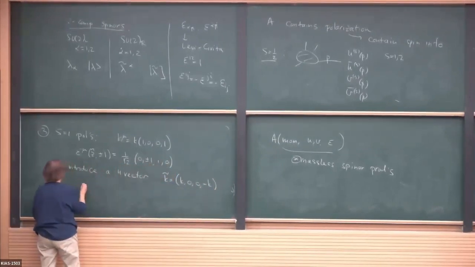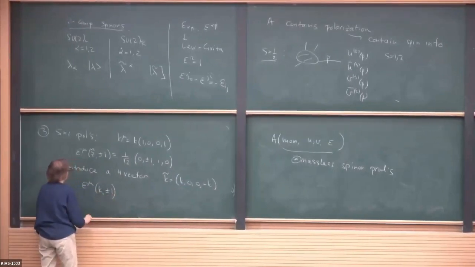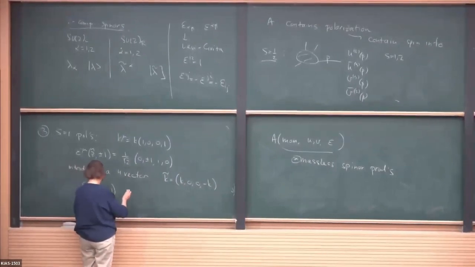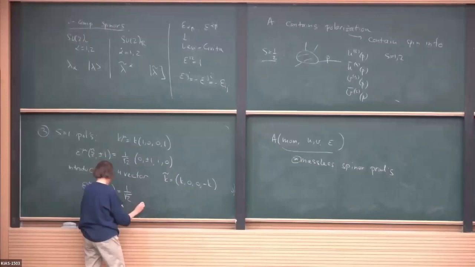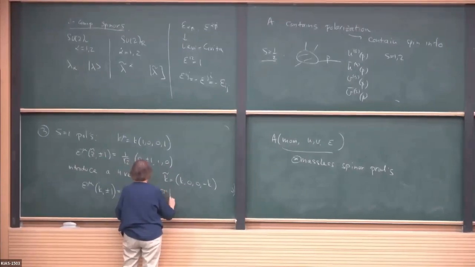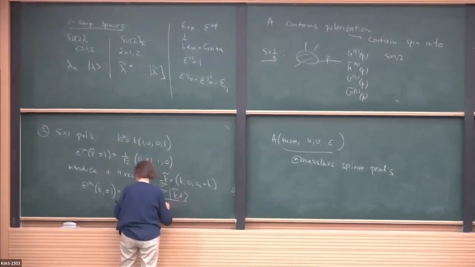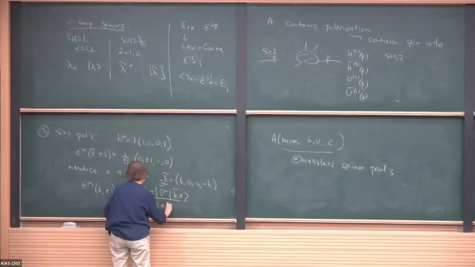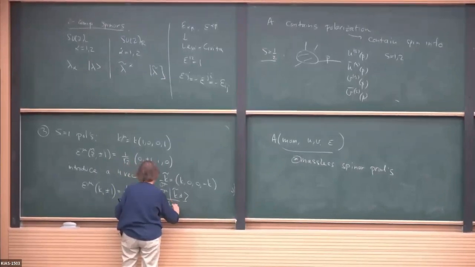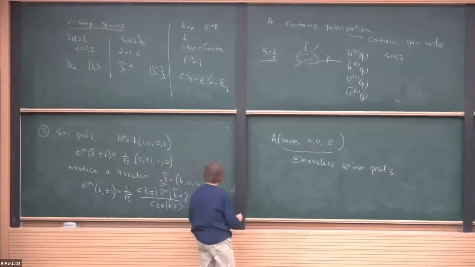Then we can write our epsilon mu of k and plus minus 1 in the following form: 1 over square root of 2, k minus plus, sigma mu or sigma bar mu, depending on which one you have here, k tilde plus minus, divided by k plus minus k tilde minus plus, corresponding to negative or positive spinors.